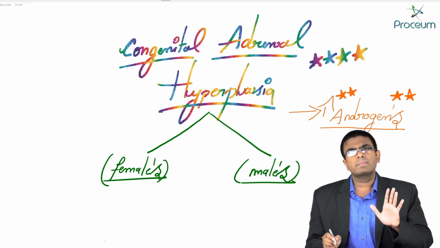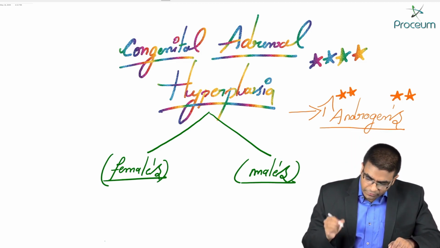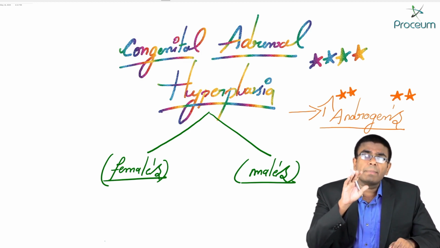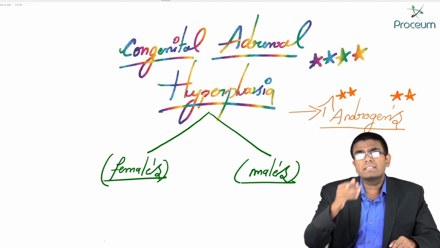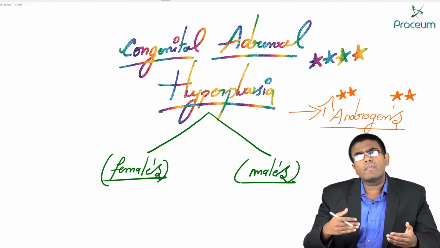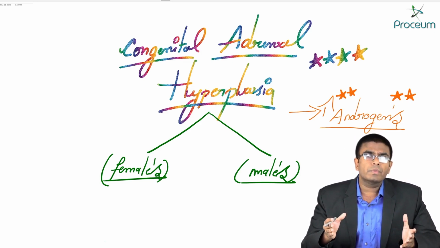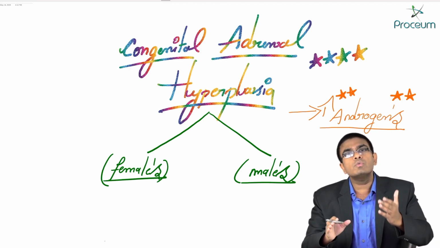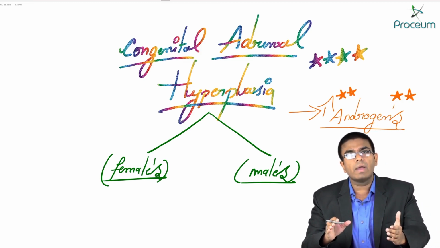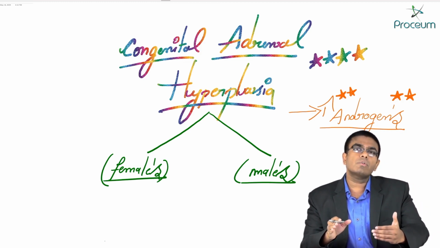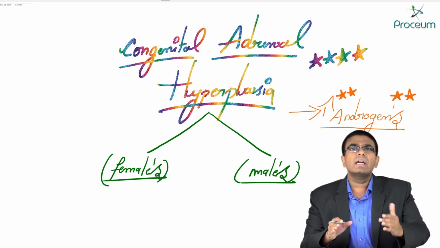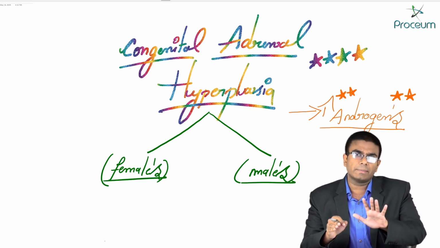Now, guys, please remember, if congenital adrenal hyperplasia is happening in males, it means there is too much androgen production in the males. Will it be a big problem? No, usually not. Why? Because usually males have androgens. Too much androgen in a male might cause precocious puberty.